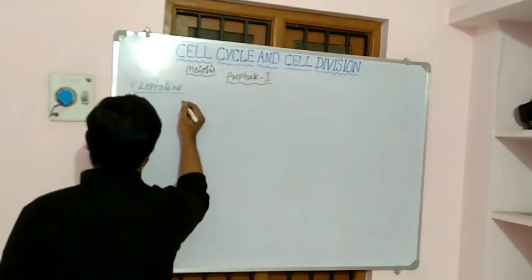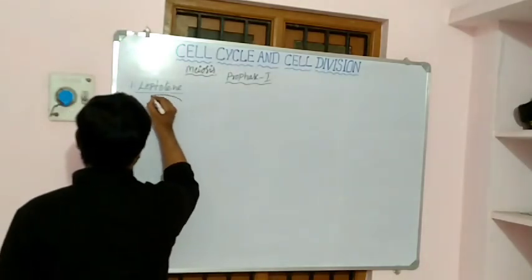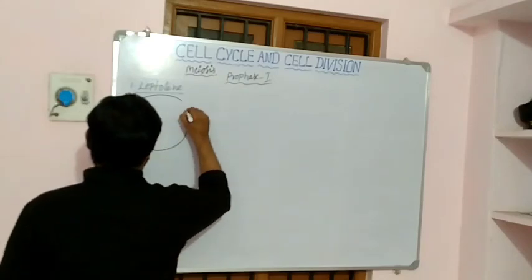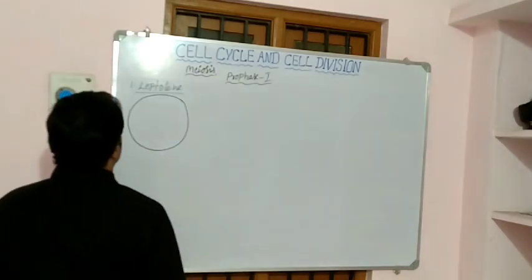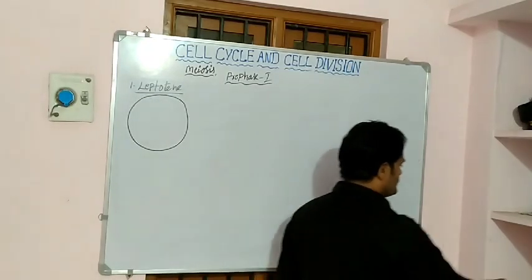See, now I will draw the cell diagram. This is the cell, and inside the cell there is a nucleus like this. Inside the nucleus, chromosomes are present, pairs of chromosomes like this.